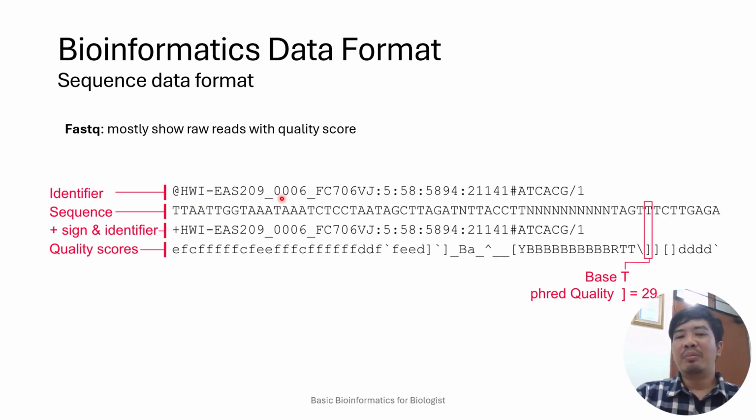The identifier mostly tells us about the sequencing machine. If we use Illumina, they usually give us information about what kind of sequencing machine and what kind of library preparation. That's sequencing machine language. So that's how we use the sequence files.